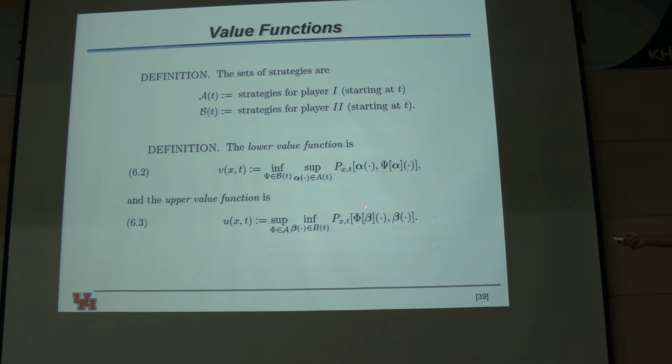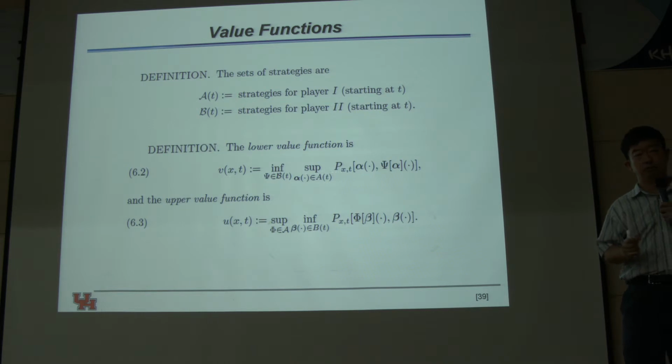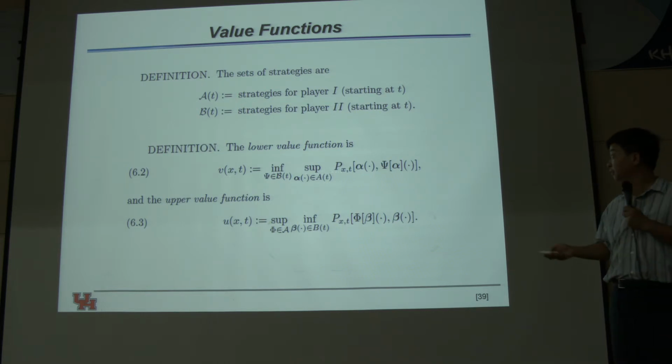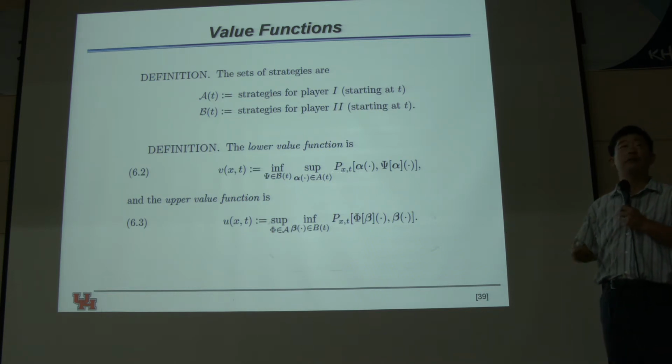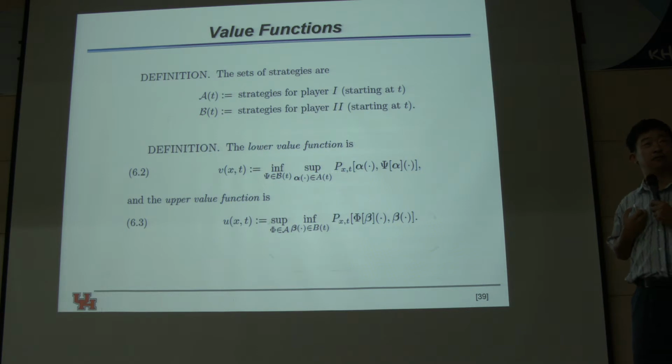Basically it means, in the worst case, suppose I try to defend you, what is the worst case I can defend you? Suppose I really don't know what you can do, what you can damage to me. Then among all the damage you can do to me, I select a strategy to optimize my payoff, right?